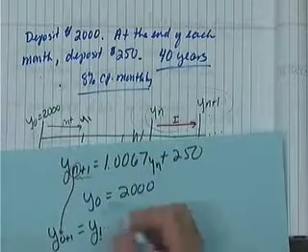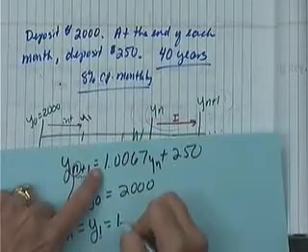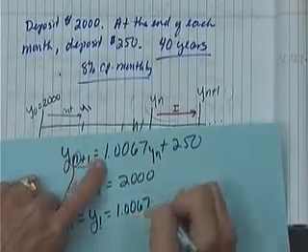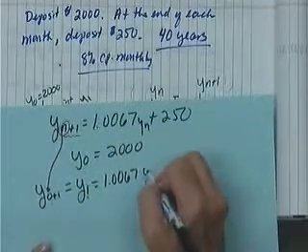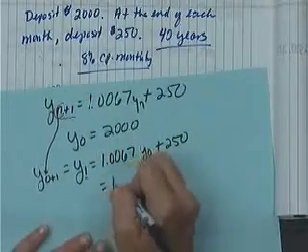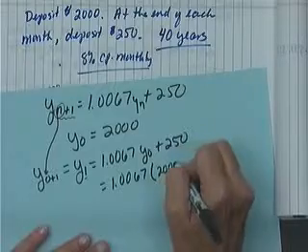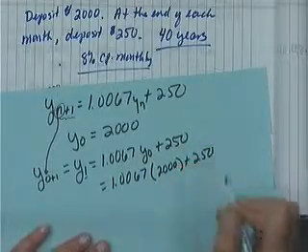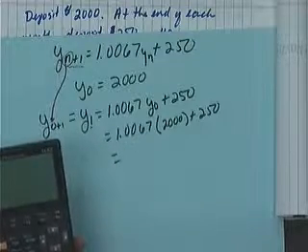So we have, oops, I left my y sub n out. Okay, we have y sub 1 equals 1.0067 times y sub n. The y sub n is y sub 0 plus 250, which is 1.0067 times 2,000 plus 250. And let's see if we can do that on our calculator.